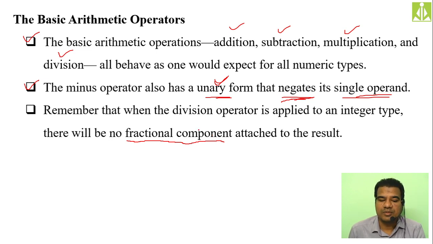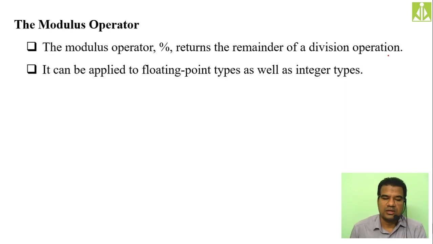Because of that, we cannot perform the division operation between fractional numbers or floating point numbers. We always have to apply the division operation or modular division operation only to integer types. Hopefully you understood.